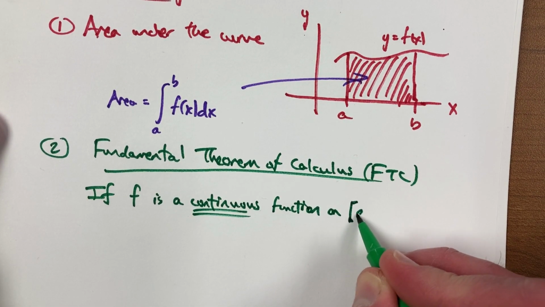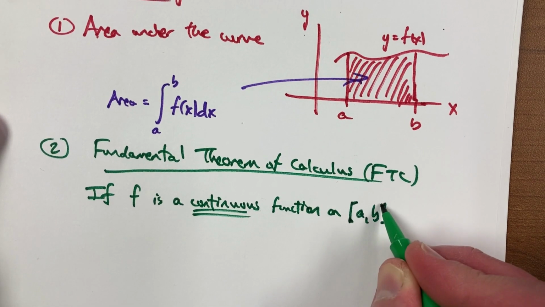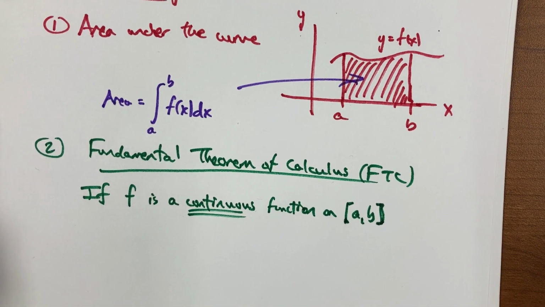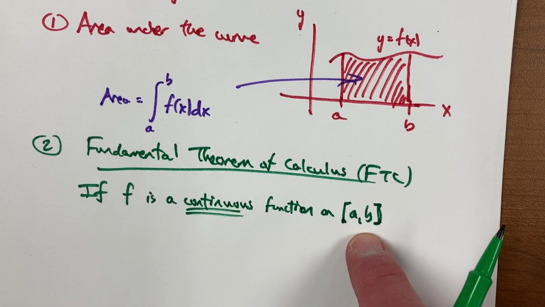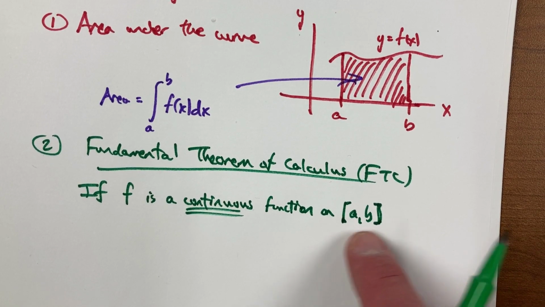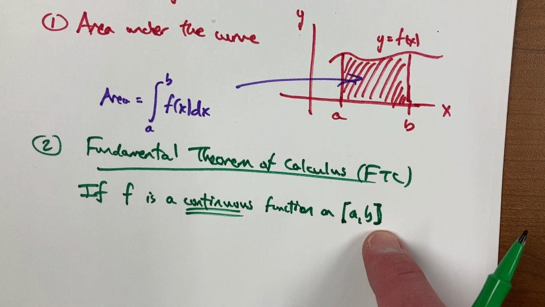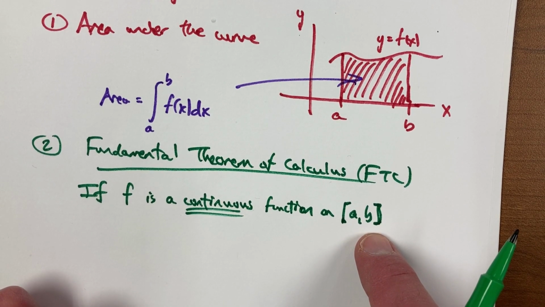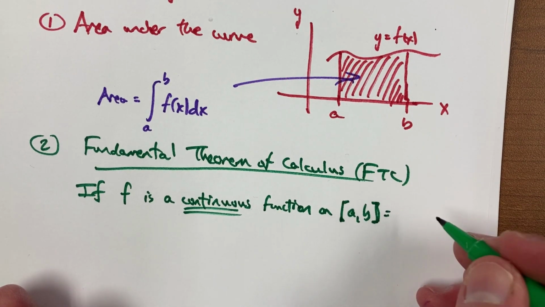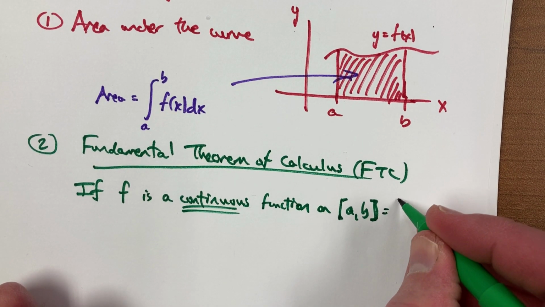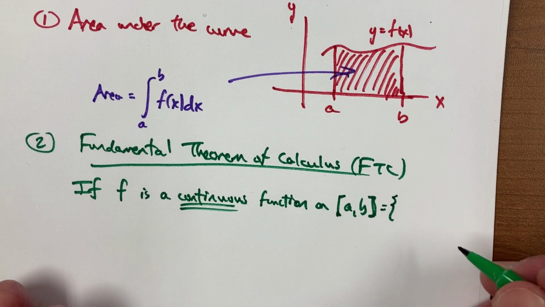If I write a comma b with square brackets around it, that is standard notation for the closed interval from a to b. This represents the set or collection of all numbers between a and b, including the endpoints. I want to get used to that. There's something called set builder notation that allows me to describe this in another way. I use curly braces for sets.